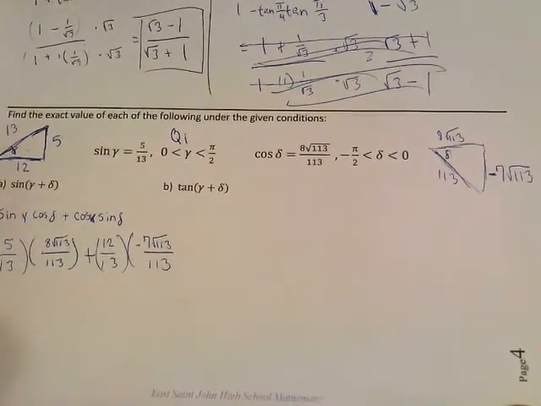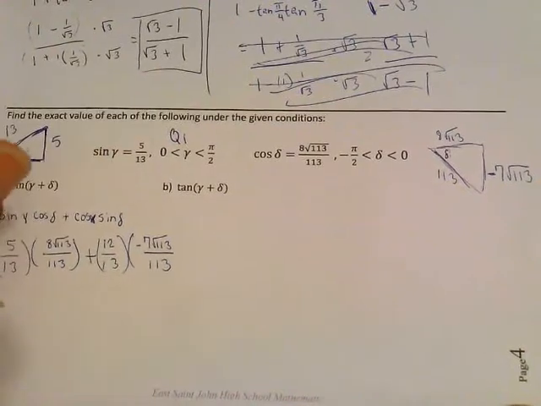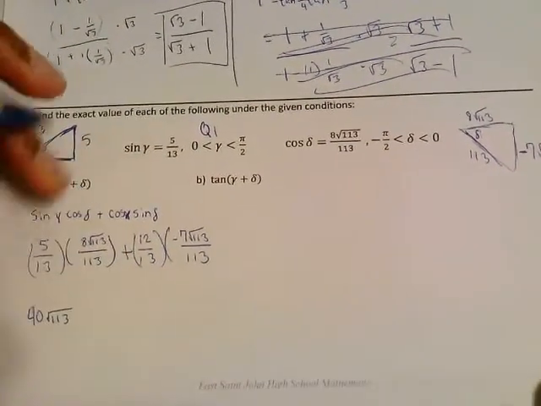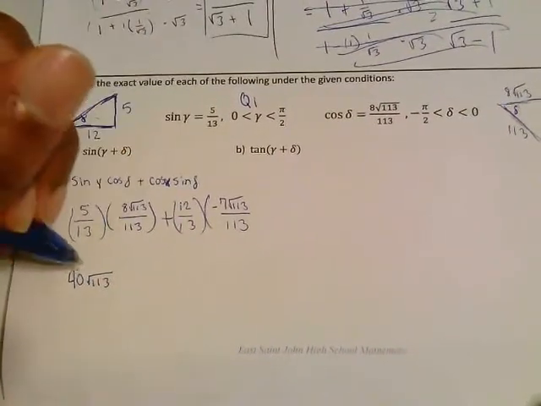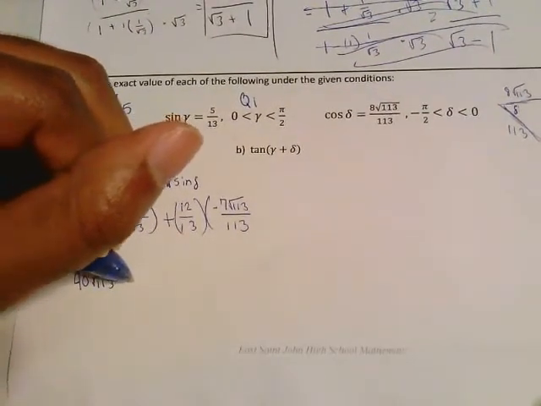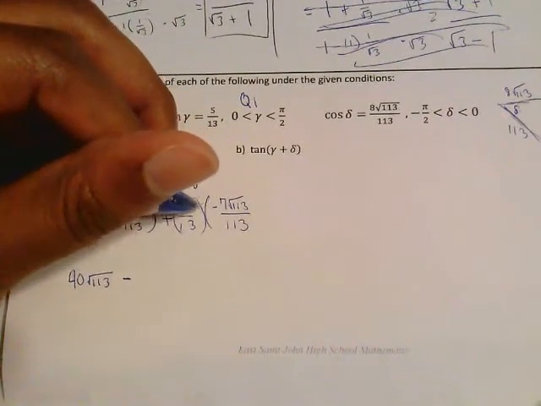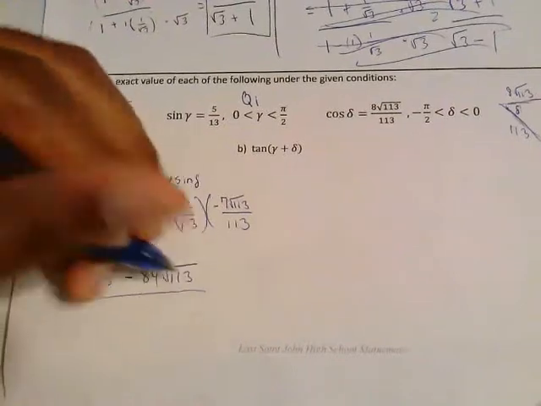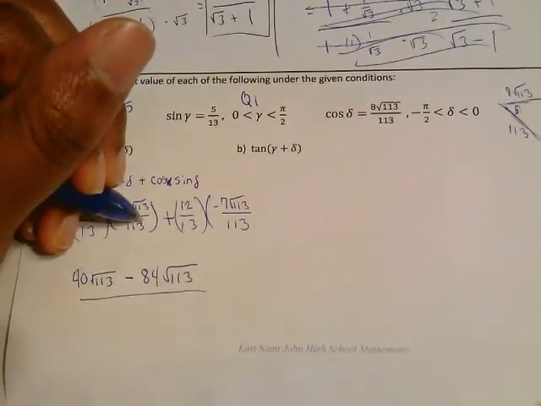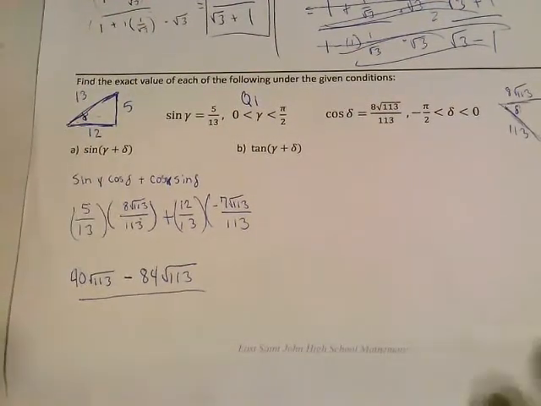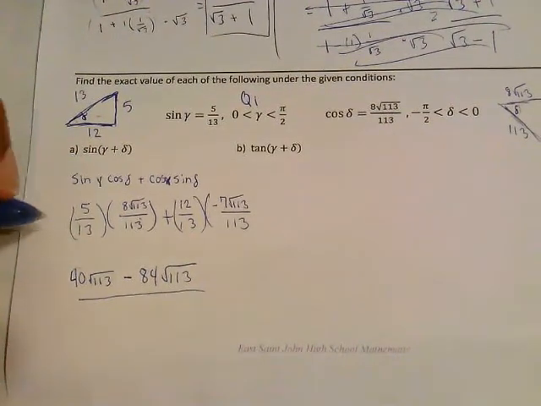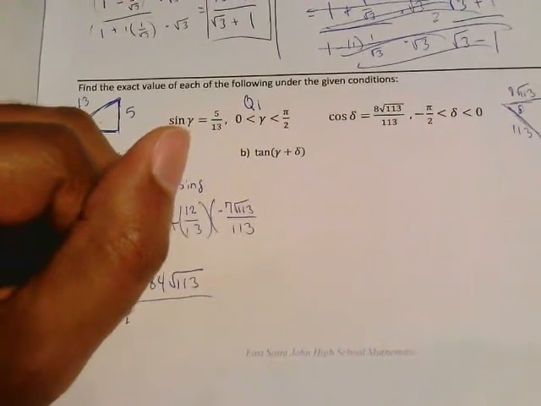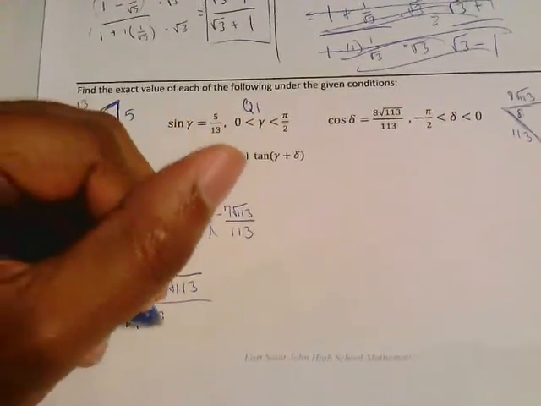Then we do the multiplication across like we did before. 5 times 8 is 40 square root of 113. Let me write it in so you can see it. So 40 square root of 113 minus, because we're doing 12 times negative 7, that would be minus 84 square root of 113 all over, and we multiply 13 and 113 together. 13 times 113 will give us 1469.